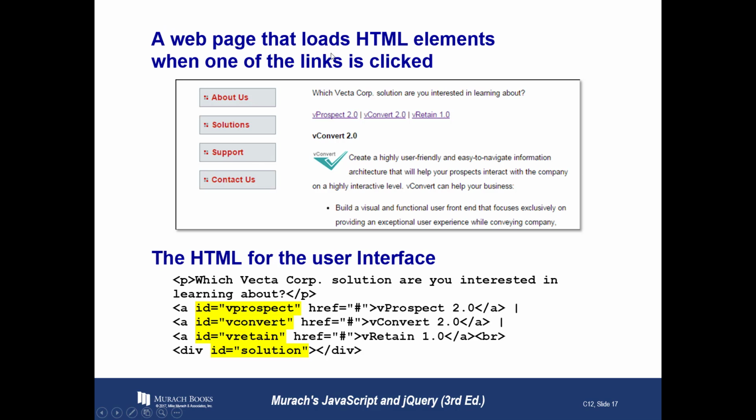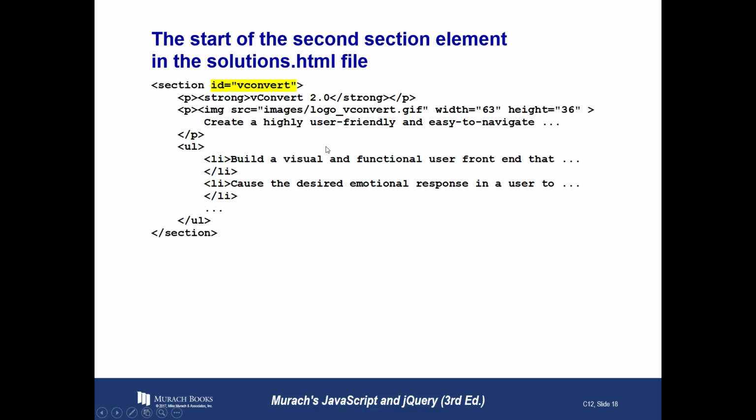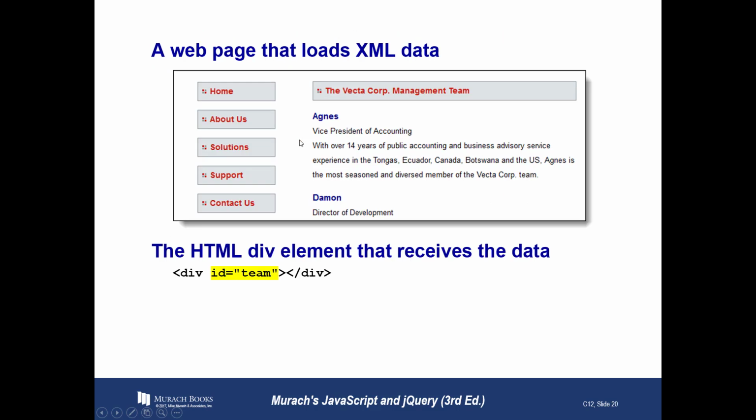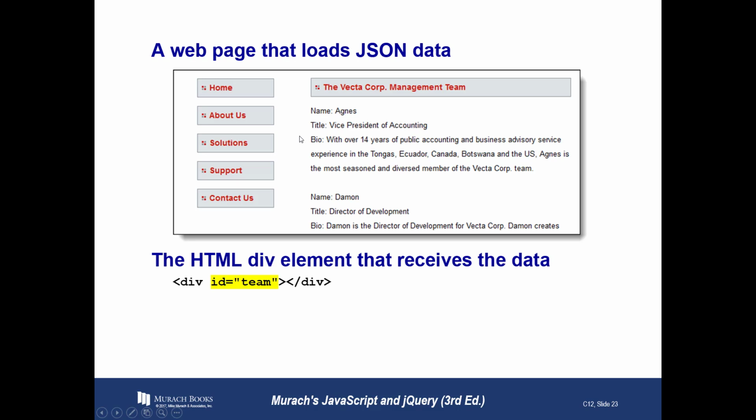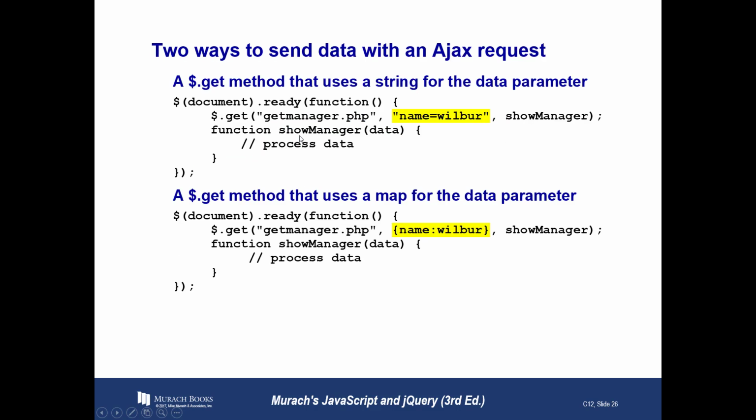All right. A web page that loads HTML elements when one of these links is clicked. So whenever you click any one of these, what comes in here is changed. There are two ways to send data with an Ajax request.